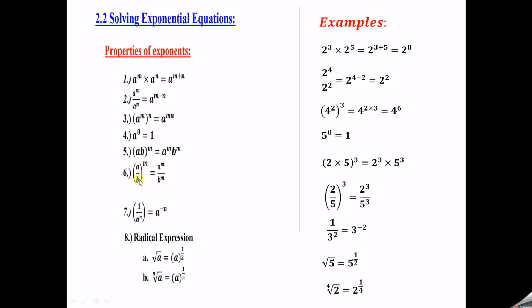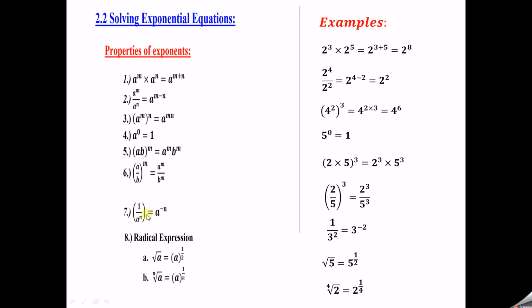So if there is a fraction and there is a power in the exponent, m, then this power is applied to both the numerator and the denominator. So a by b power m is equal to a power m divided by b power m.